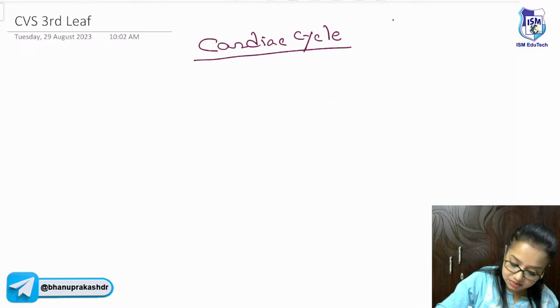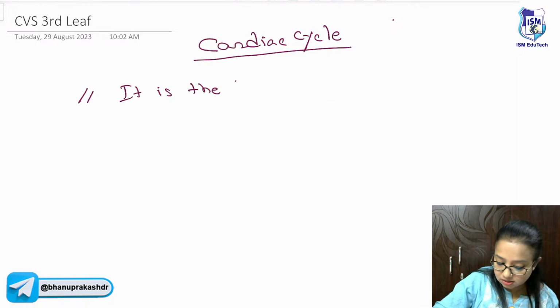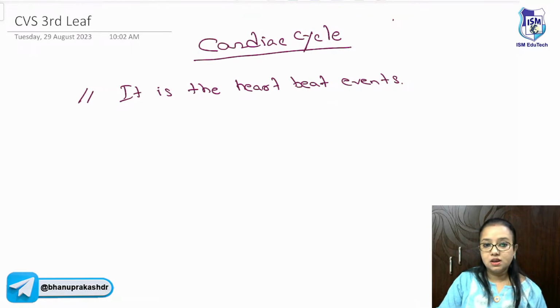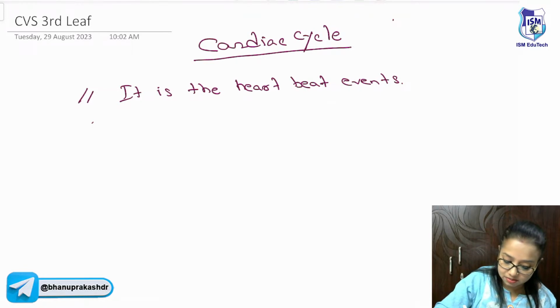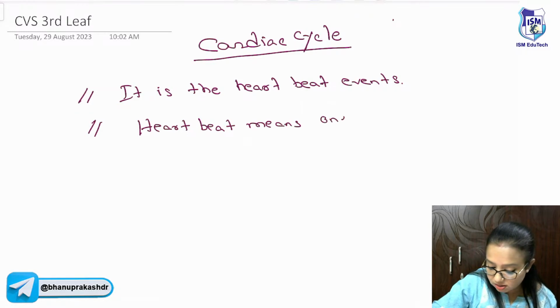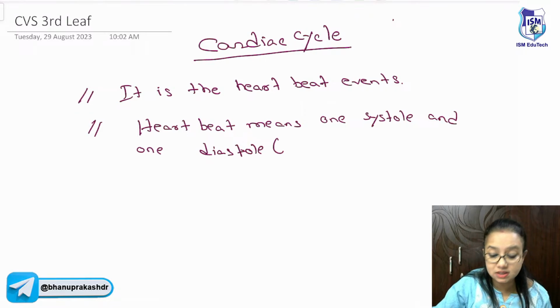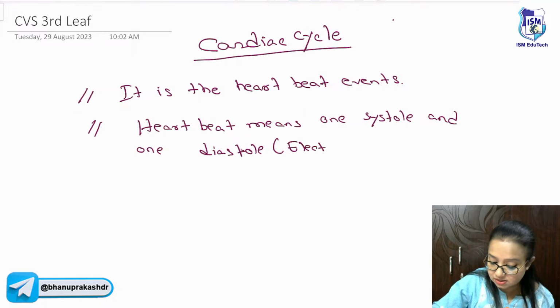Cardiac cycle means the heartbeat events. Okay. Heartbeat of a heart means one systole and one diastole, which is the electric event as we studied in the previous classes.